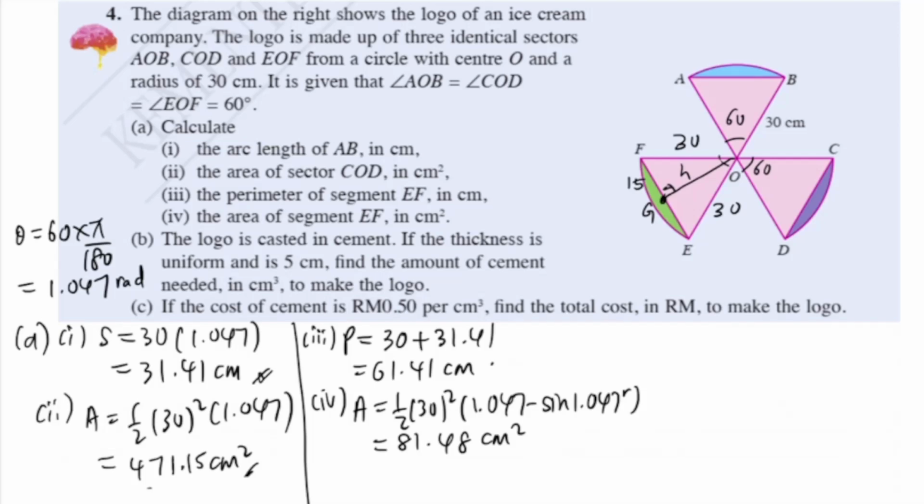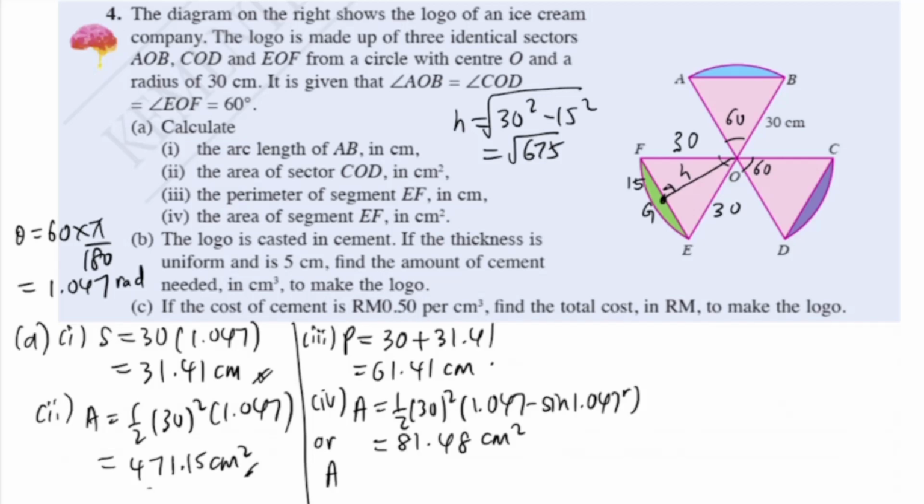To find the height of the triangle, we use Pythagoras: 30 squared minus 15 squared gives 675.